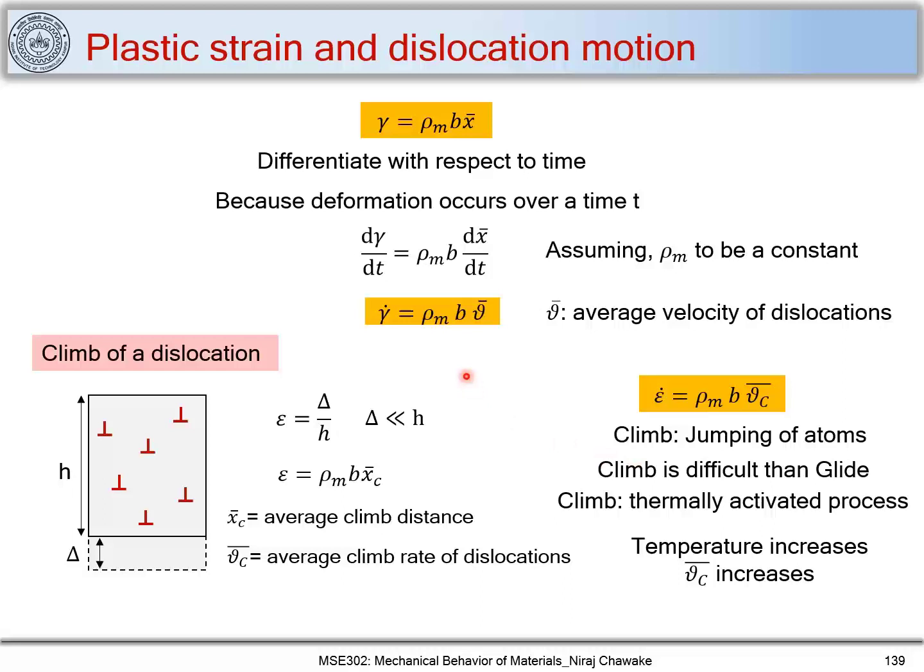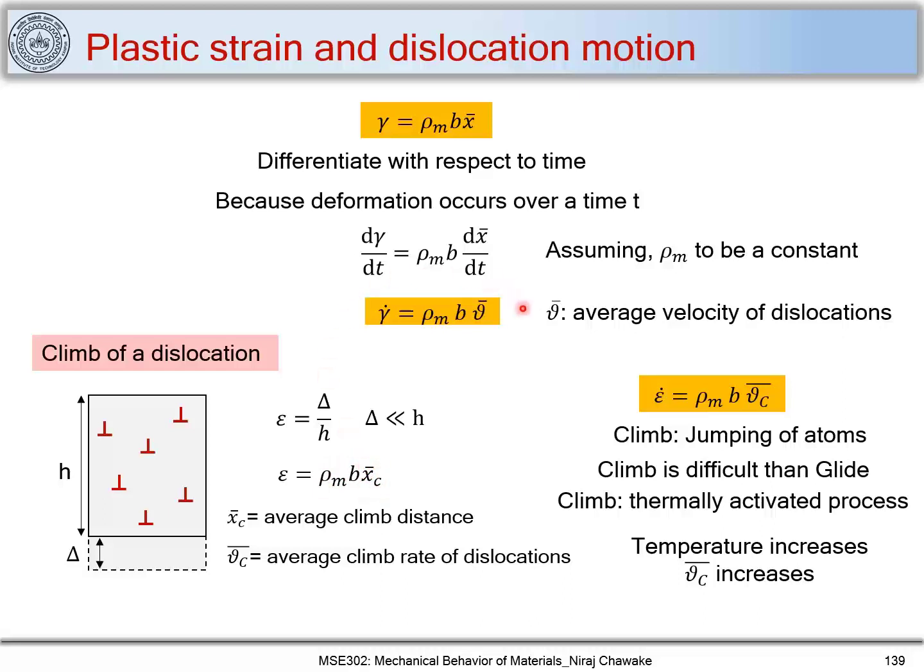So we have seen that by dislocation glide, we can find a relation between strain, dislocation density, Burgers vector, and average glide distance. Similarly, for a climb process, we can find a relation for the normal strain equal to mobile dislocation density into Burgers vector and average climb distance.